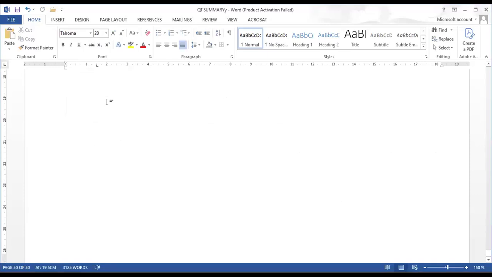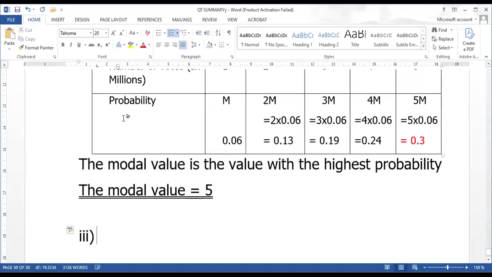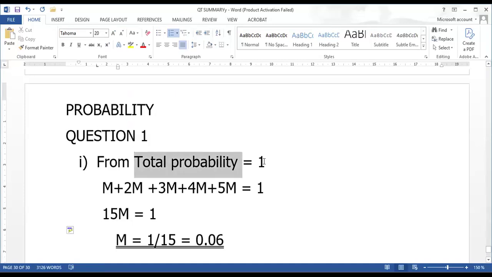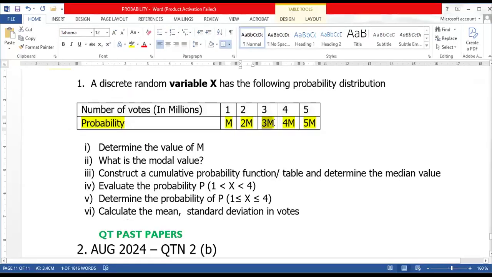Excuse me. Sorry to take you back. How did you get the first 0.06? It is from Roman 1. From total probability, if we add all our probabilities, it should give you 1. So we have m plus 2m plus 3m plus 4m plus 5m.